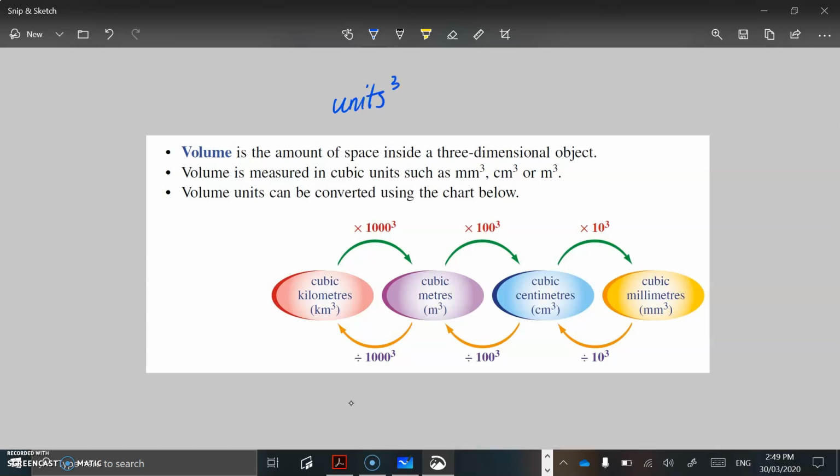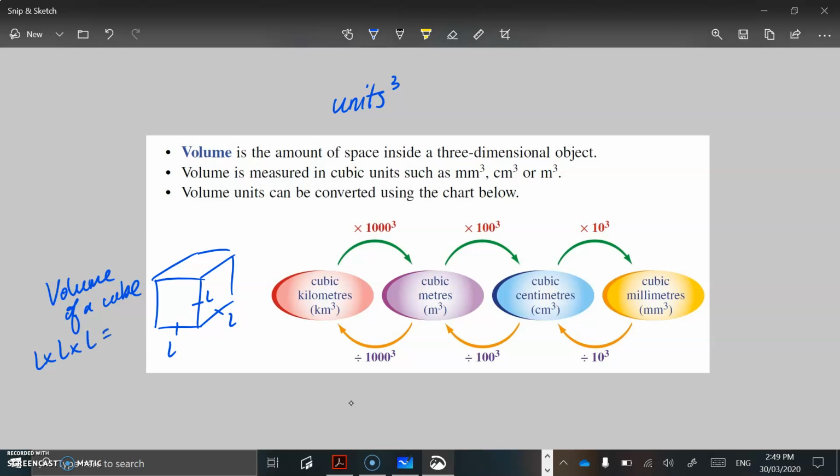Okay, so if we had a cube, basically all sides of a cube are the same, so that means that's L, and that's L. The volume of a cube is L times L times L, which is L cubed. And so the units are cubed.